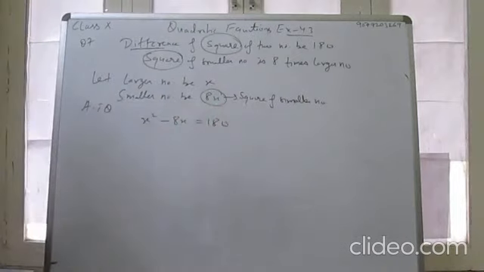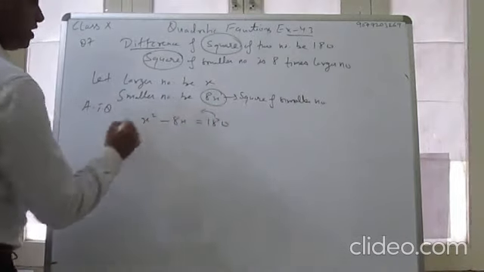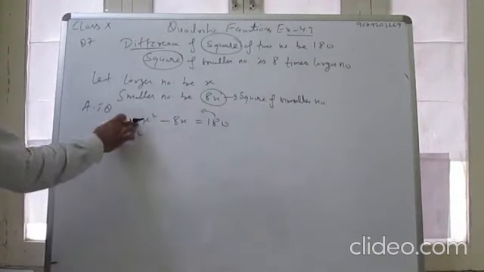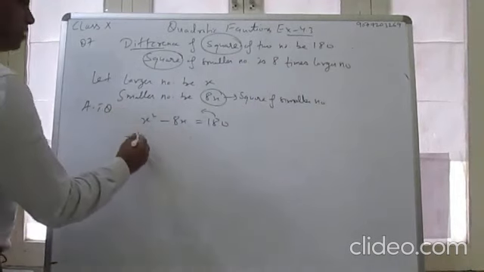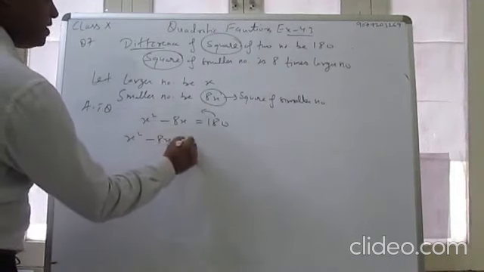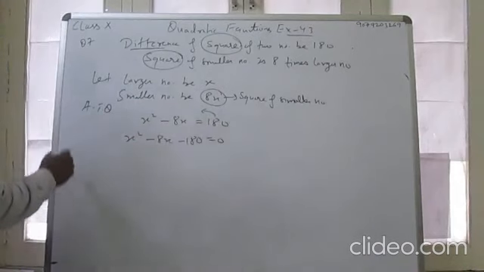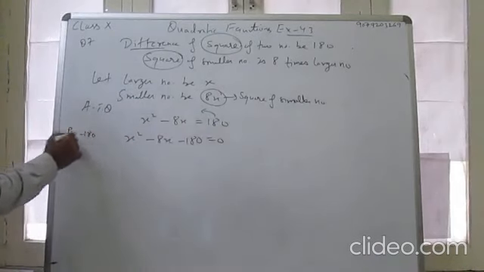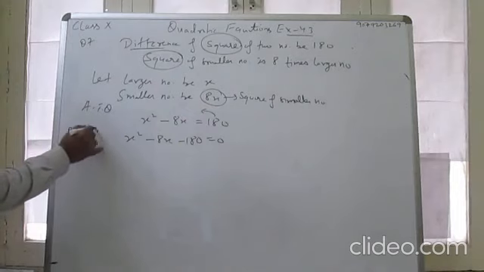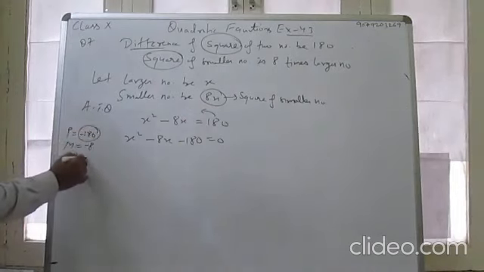Now we will find the roots of the quadratic equation. Transpose it here: x square, always keep it positive, minus 8x minus 180 is equal to 0. Here the product is minus 180 and the middle term is minus 8, so the factors of 180 are minus 18 and 10.